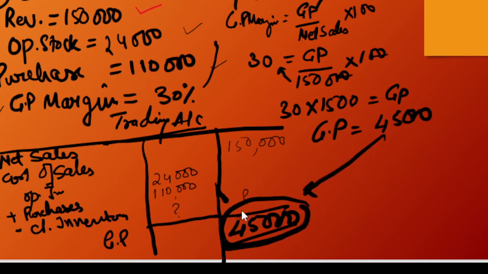Now, because in the question they want you to find out the closing stock, you need to calculate cost of sales. The formula for cost of sales you know: opening inventory plus purchases minus closing inventory.